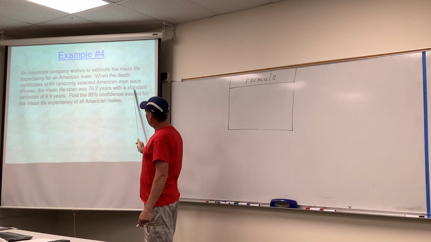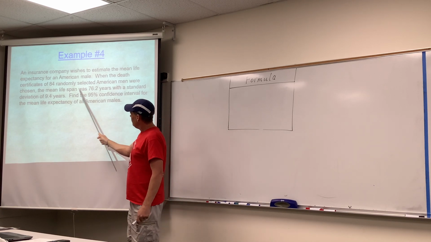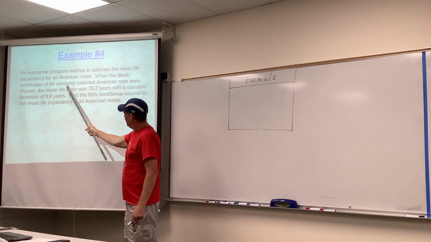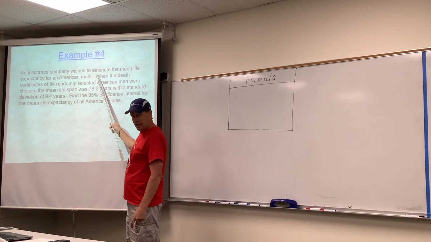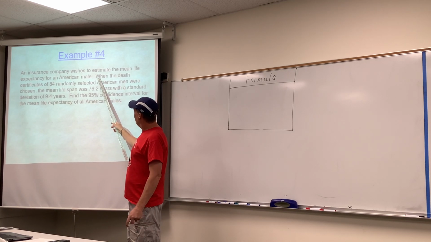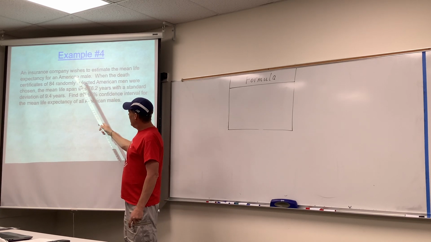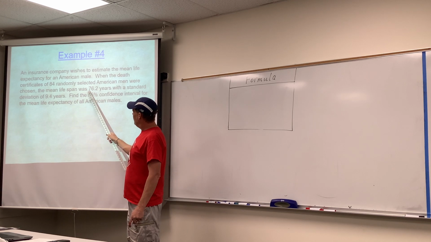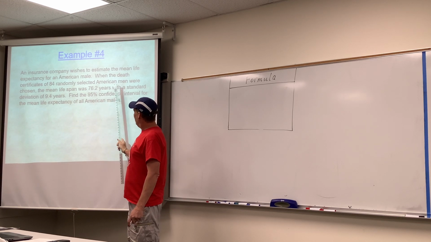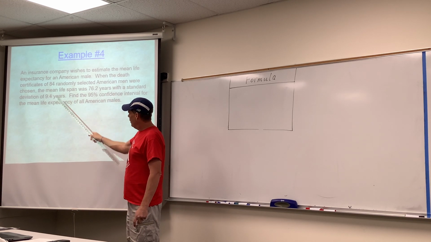Okay, so I'm reading backwards until I find the beginning of that sentence that contains those two words. And it starts right there with the word when. And let's start reading together. When the death certificates of 84 randomly selected American men are chosen, the mean was 76.2 and the standard deviation was 9.4.